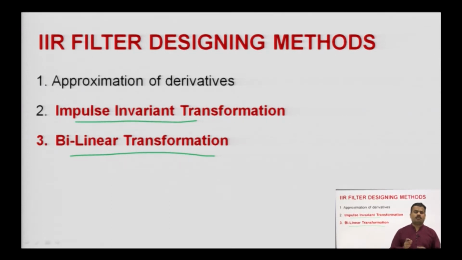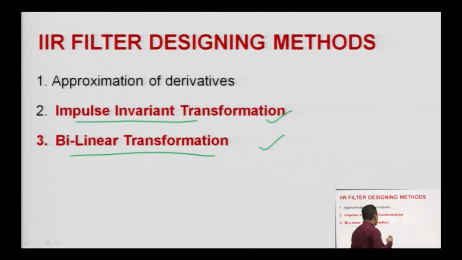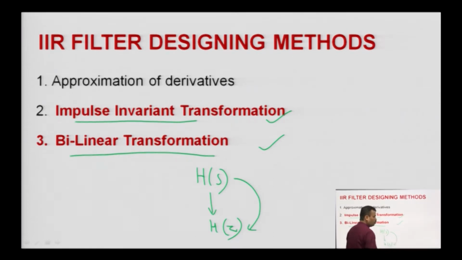It is a very important method, because these two methods are commonly used for designing the IIR digital filter. In both methods you have to convert H(s), the transfer function of the analog filter, into H(z), the transfer function of the digital filter, or convert your S plane into the Z plane, or your S domain signal into the Z domain.